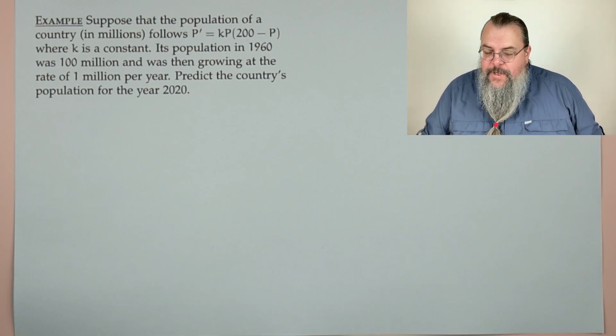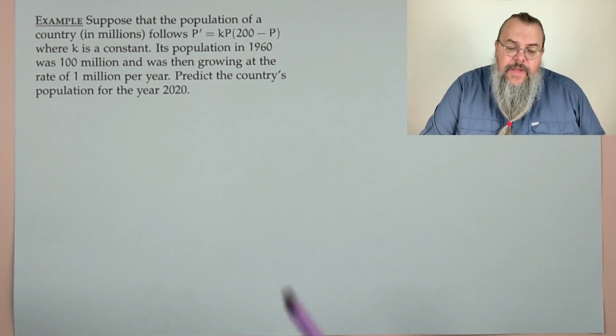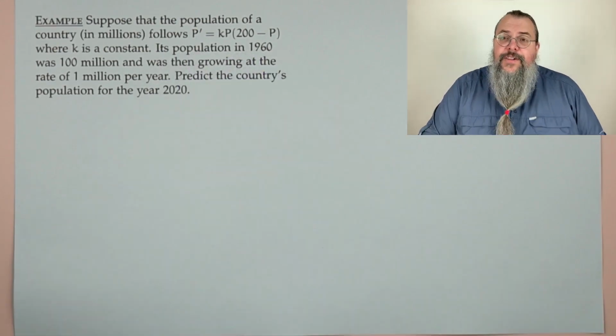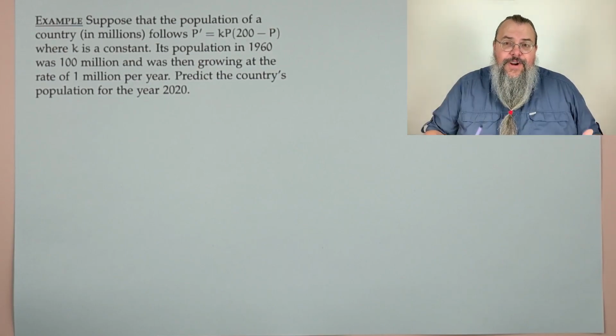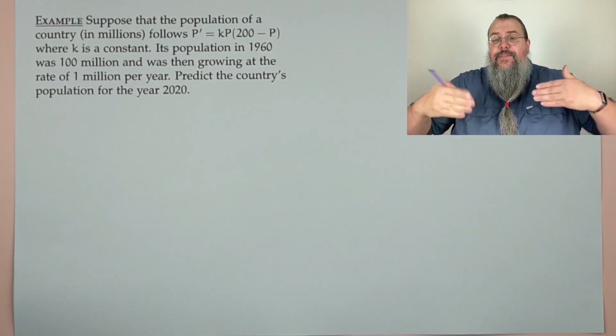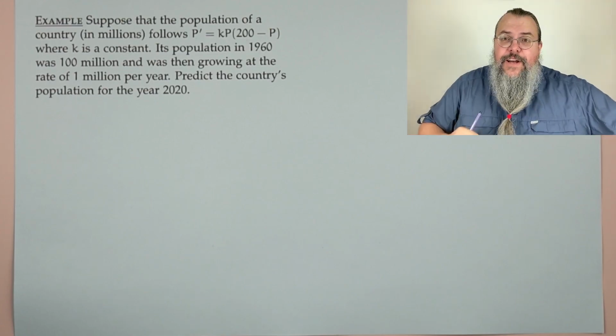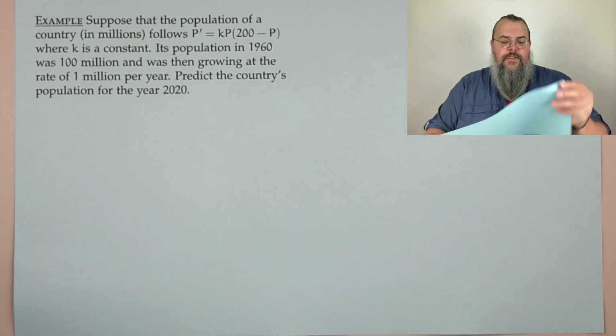All right, good. So what do we have? Well, we have a logistic model. Now, the good news is we're not going to ask you to memorize the solution. So let's start by copying down our solution. We can just grab one of the pages that we recently worked on.